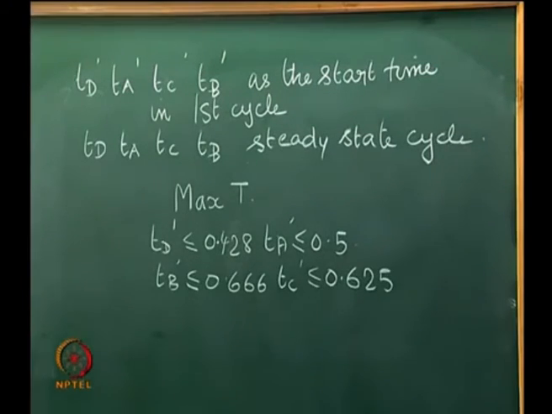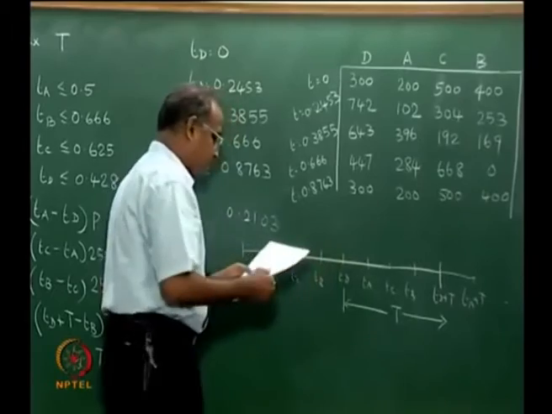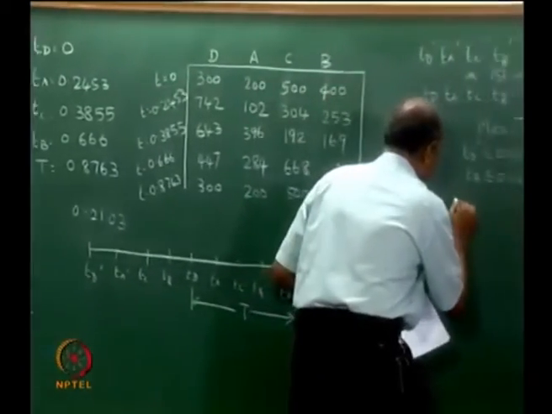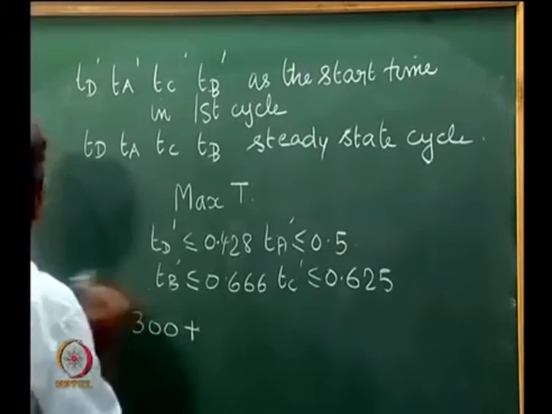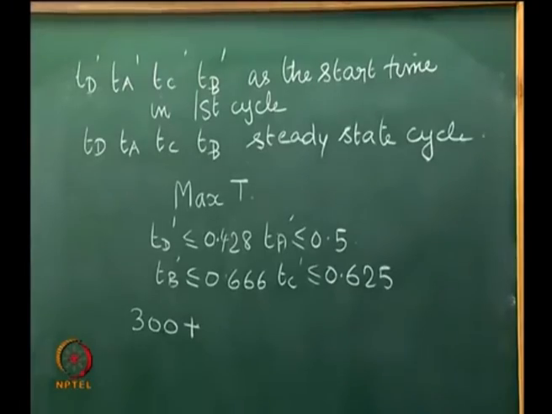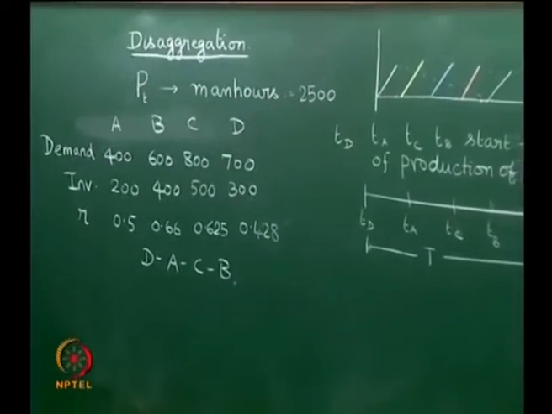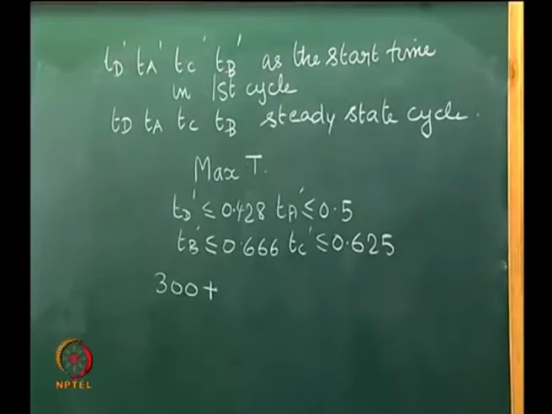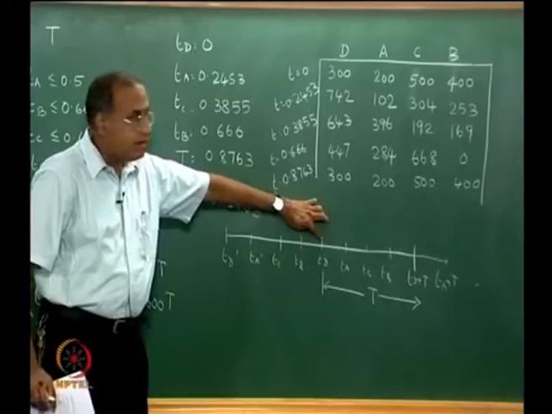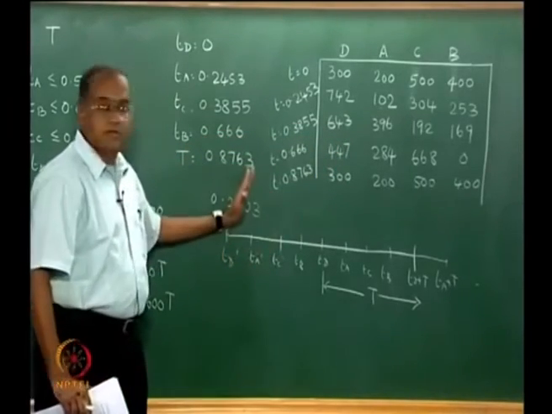Then we get into this. The first cycles should be such that we also have 300 plus. Now I am looking at item D, which is my first item. So I want to stretch my TD to such an extent that I am able to meet the demand up to this point using the 300 that I have plus what I produce here.